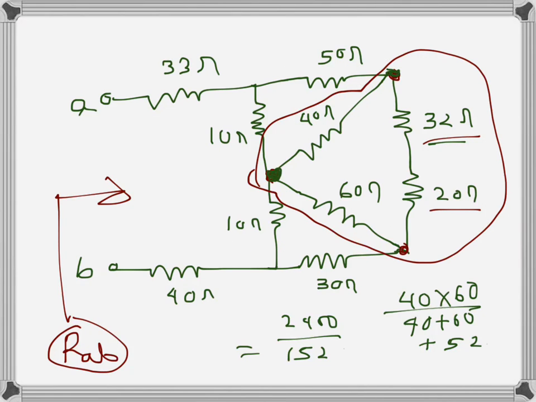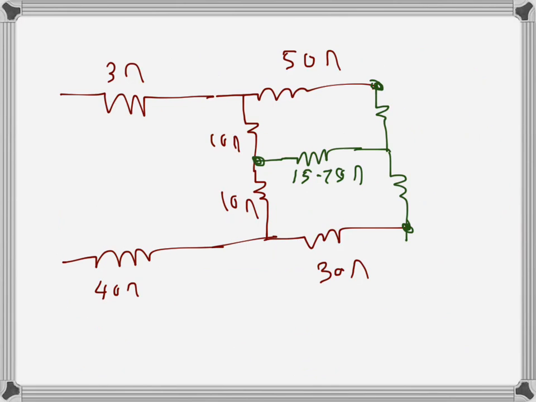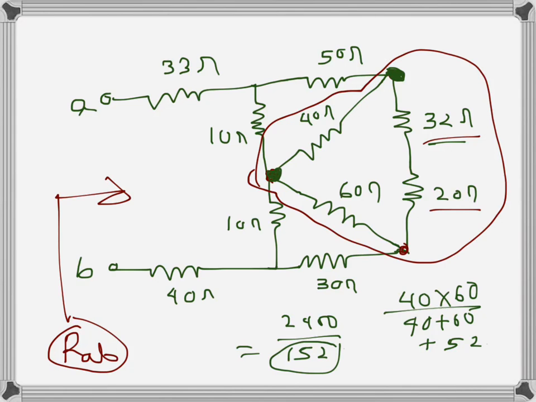Then the Y resistance value at this node will be 40 times 32 divided by, the denominator will always be the same, 152. In this case, 40 times 52, sorry, these two are together.